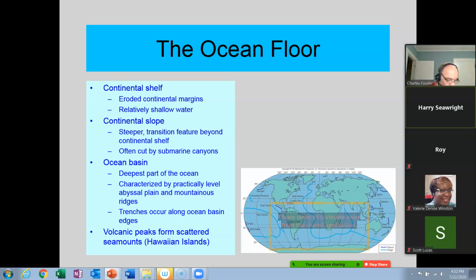Question number 5. What about it? Pretty much everything. Yeah, so there are other ridges and trenches. These are just the large ones. Well, I see one down here.